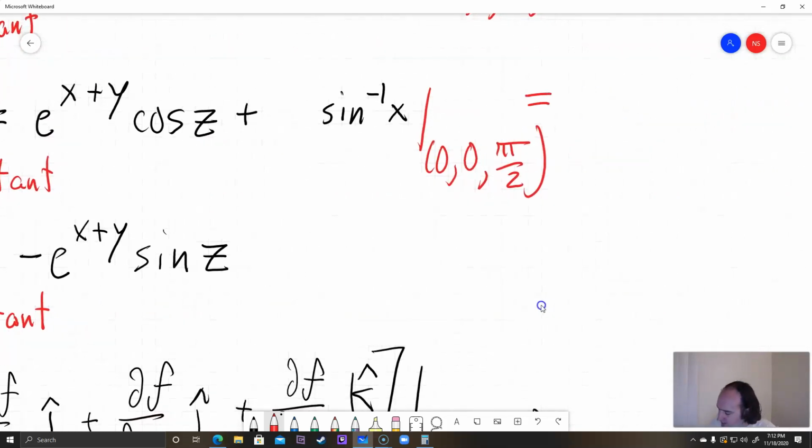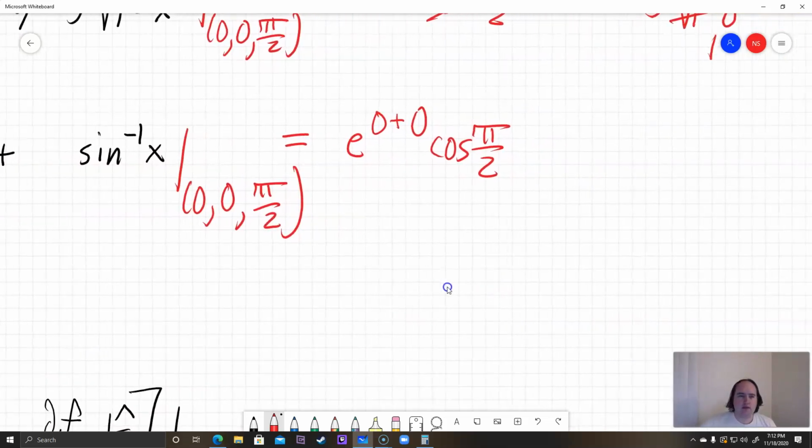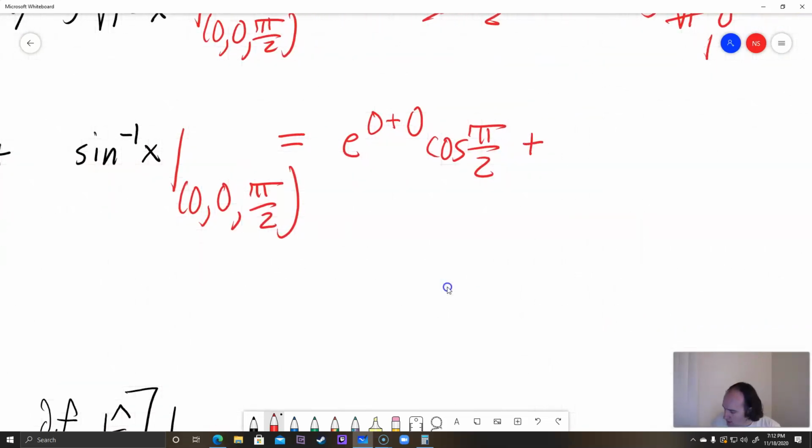Okay, so again, we plug everything in, and we get e to the 0 plus 0 times cosine of pi over 2, and then plus sine inverse of 0. So e to the 0 plus 0 is once again just 1. And cosine of pi over 2 is actually 0, right?